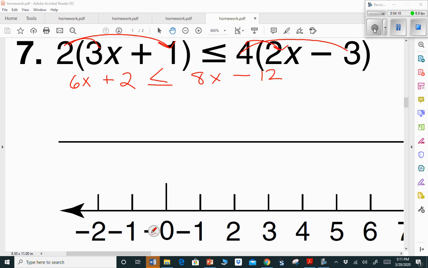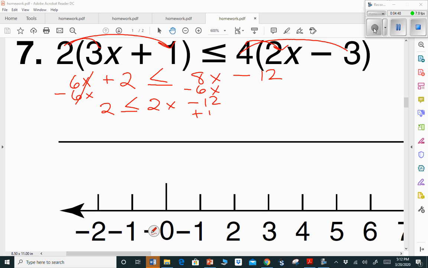I prefer not to deal with negatives, but I also don't like my variable on the right, so I'm just going to have to pick which way I want to handle it, which problem I want to deal with. I'm going to go ahead and subtract 6x from both sides. That leaves me with 2 is less than or equal to 2x minus 12.